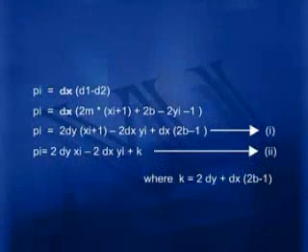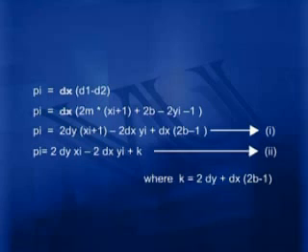سو the parameter is called pi. We calculate pi as dx of d1 minus d2. dx of d1 minus d2 uses the values that we've already calculated for d1 and d2 previously.